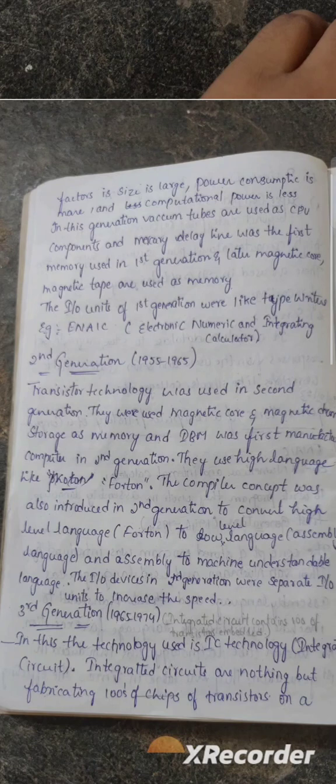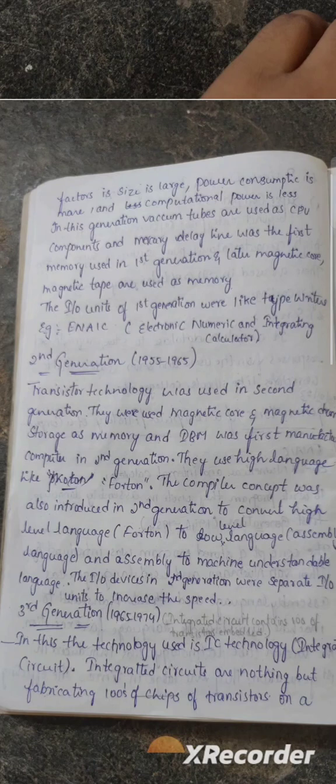And the second generation lasts from 1955 to 1965, and transistor technology was used in the second generation. They used magnetic core and magnetic drum storage as memory, and IBM was the first manufacturer of computers in the second generation. They used high-level languages like Fortran.